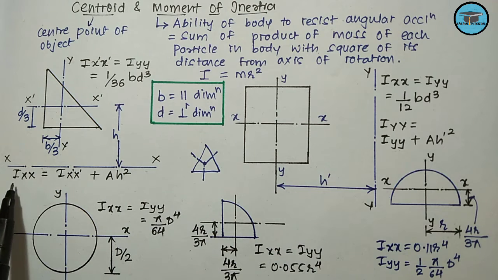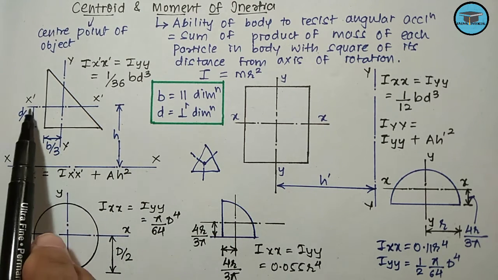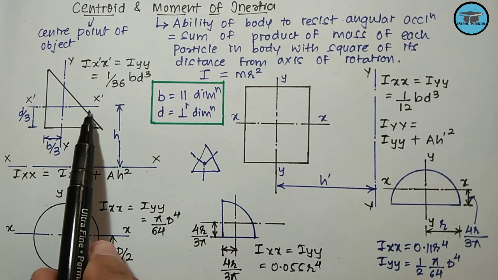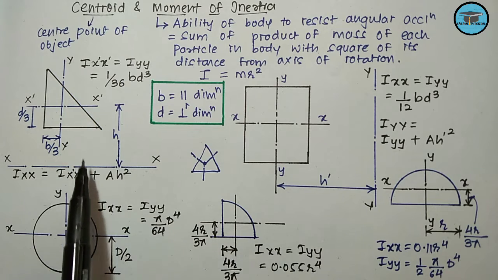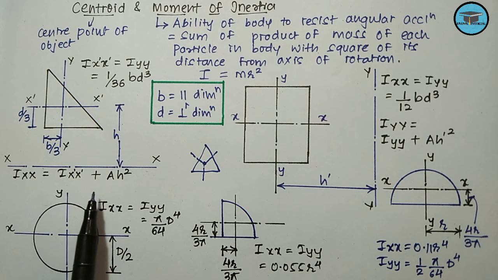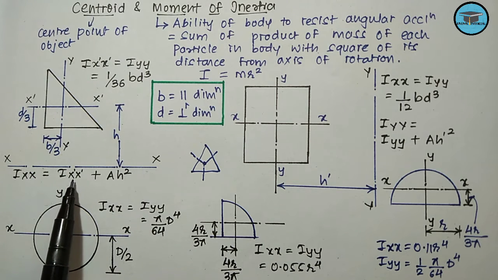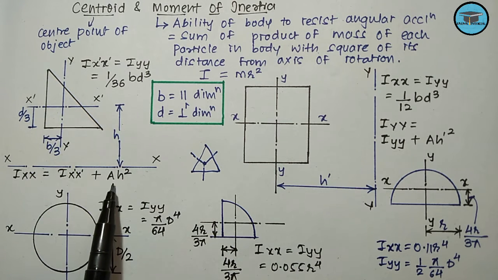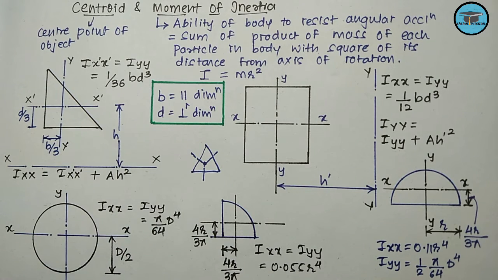So it is given as Ix equals Ix dash x dash, the moment of inertia about this local x dash axis, plus the area of this lamina into h square, where h is the distance between these two axes. So this is what the parallel axis theorem is.